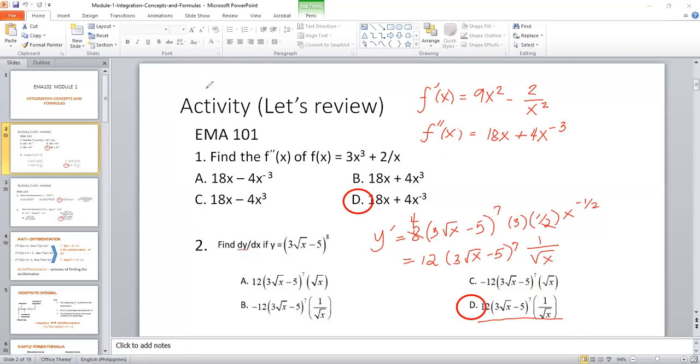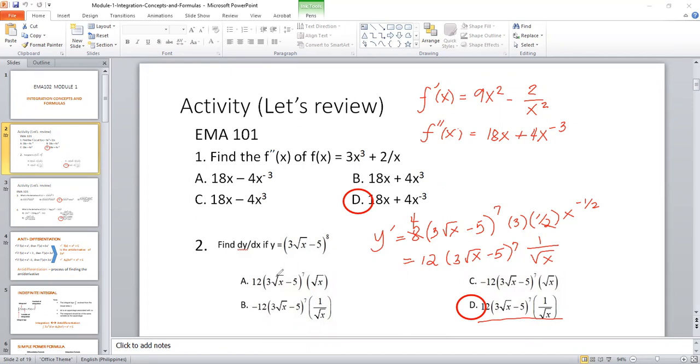Okay, John Oxenio, what's the question? Miss, for the final answer, is it okay to further simplify? This is already simplified. Or if you want to rationalize the denominator, you can multiply this one by square root of x over square root of x, if that's what you mean.